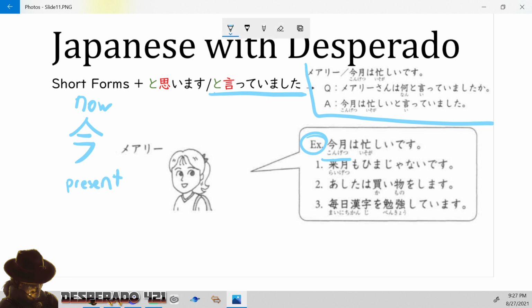So, we've learned getsuyobi, as in Monday. But what is the other counter that Japanese uses for moon day? Months. Months, that is correct. So this month. Very good. Fantastic.